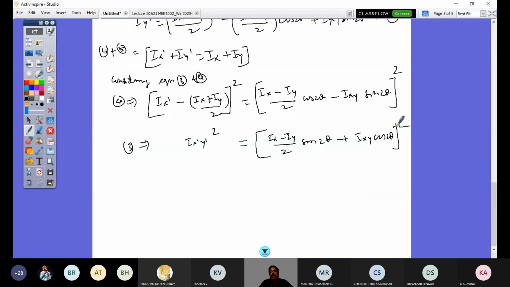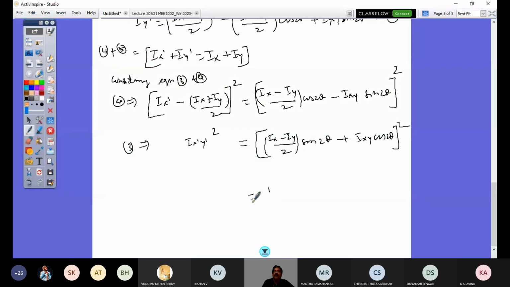Now you see here I have cos 2 theta, and here I have sin 2 theta. So if I square and add, this trigonometric term will disappear. I would end up with simply ((Ix minus Iy)/2) whole squared plus Ixy squared.